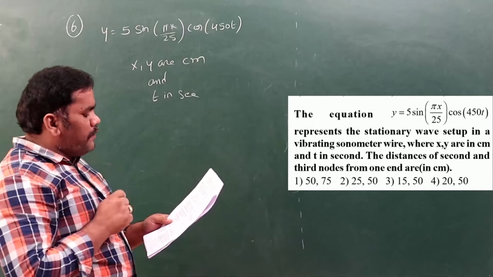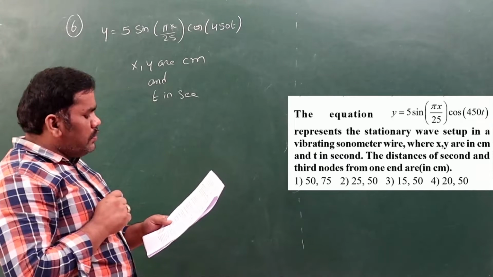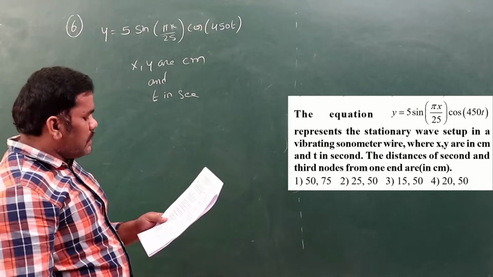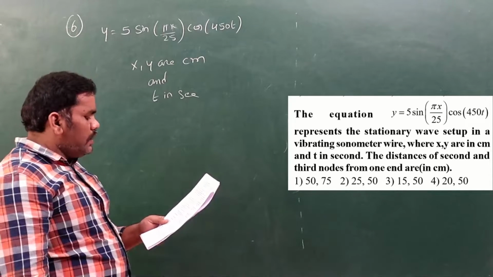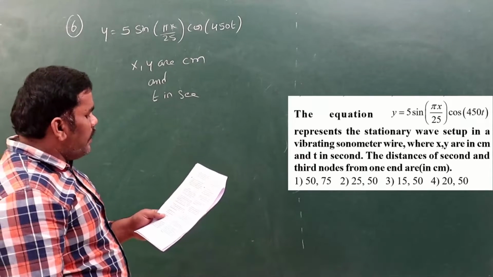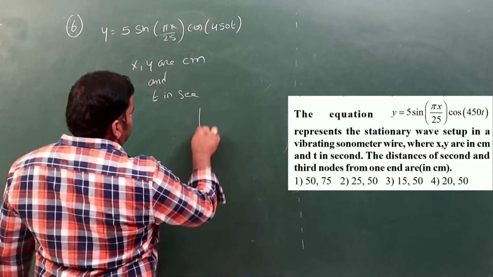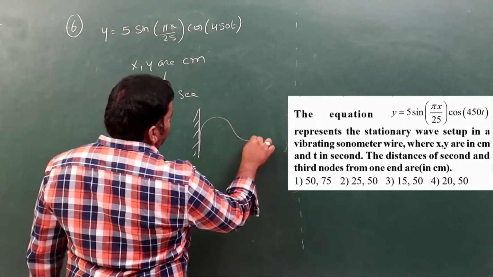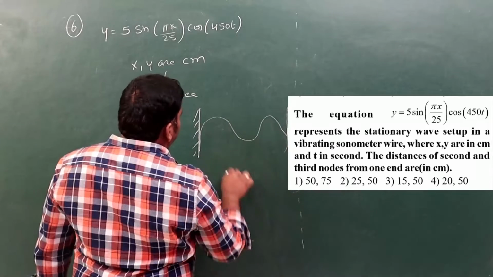The distance of the second and third nodes from one end. This is one end. Stationary waves form like this.